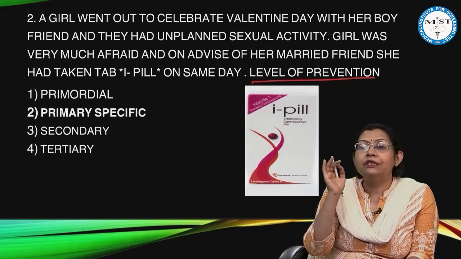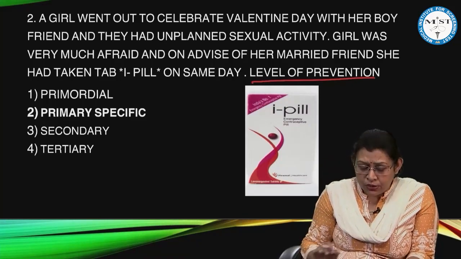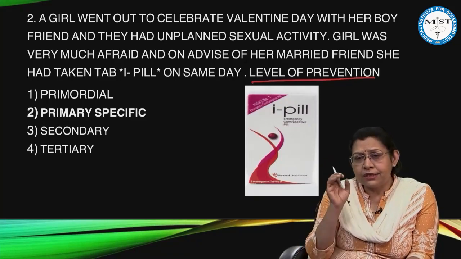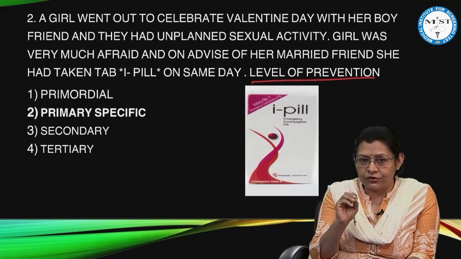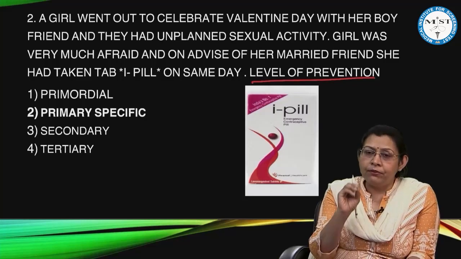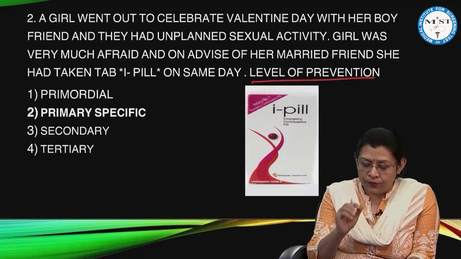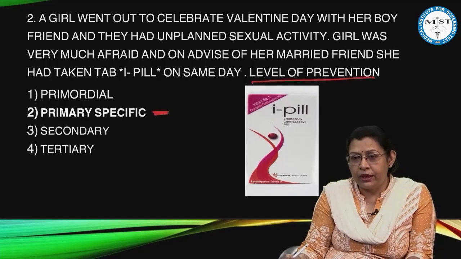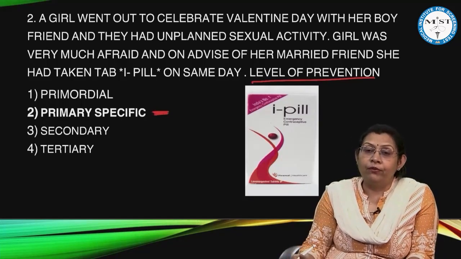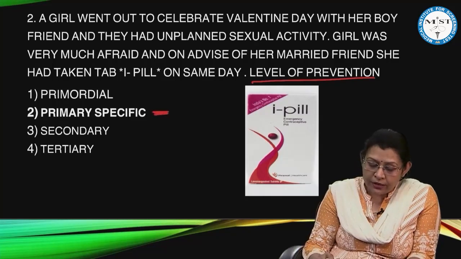So, it is your specific level prevention. So, I can say that just looking at this image and reading the last line, I am about 90% sure that my answer should be primary specific, okay, but still I have to confirm to 100%. So, I will read the question.